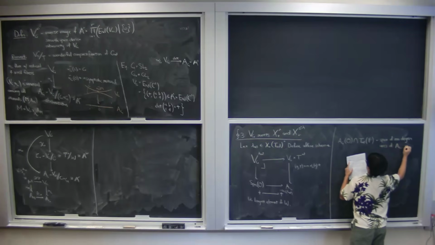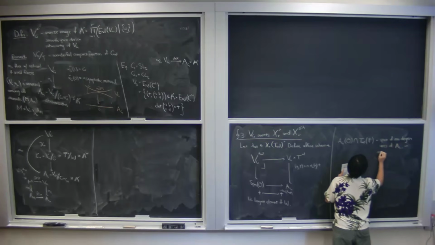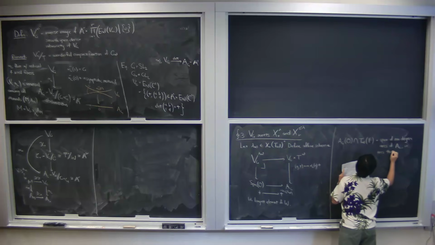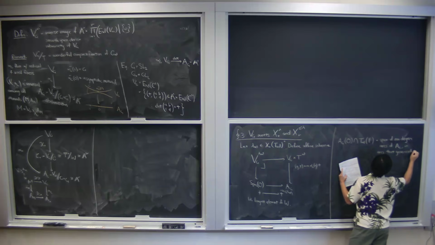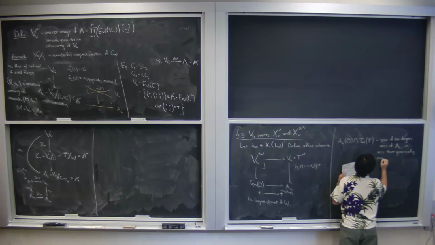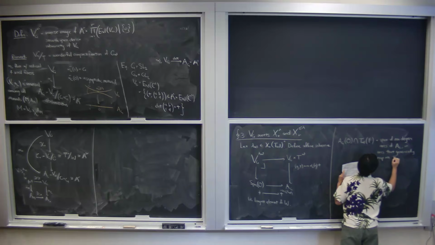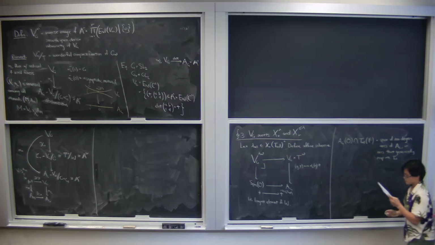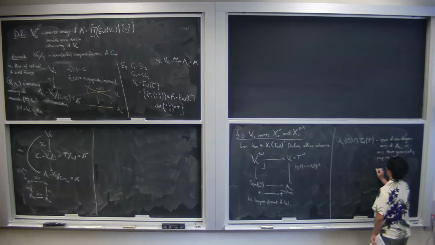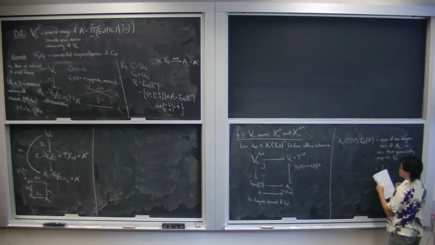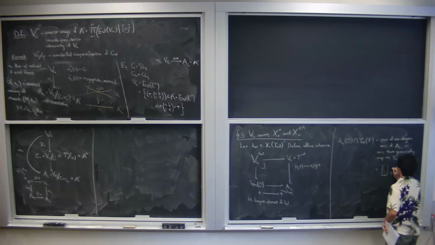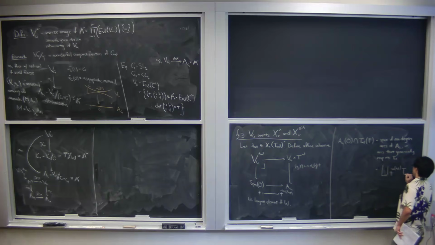That is to say that these are the arcs that generically map into its unit group TAD. Now this thing has a stratification into TAD of O orbits.